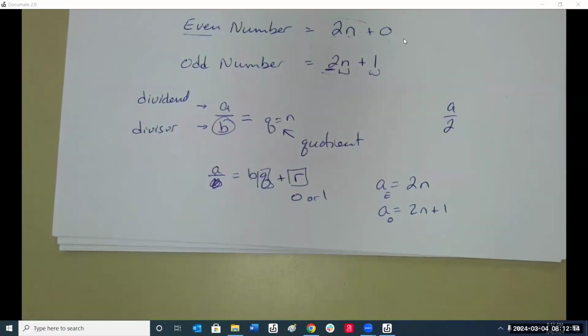Now, the next part, look at how many different ways you can represent these statements.